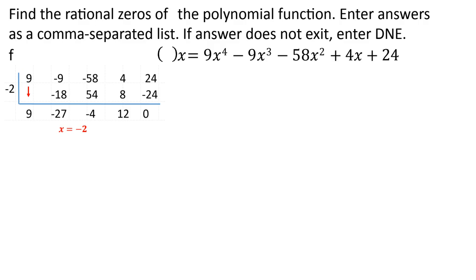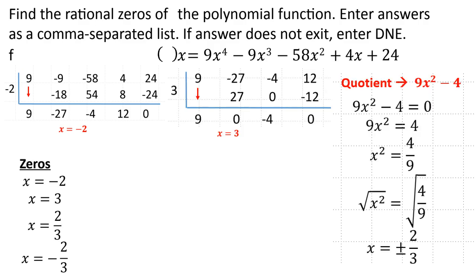Okay, so this is everything together. We did the first synthetic division with -2, which was a 0, and then we repeat the process with the quotient, and then the last quotient, which is an x squared, which is usually what we want to get to.